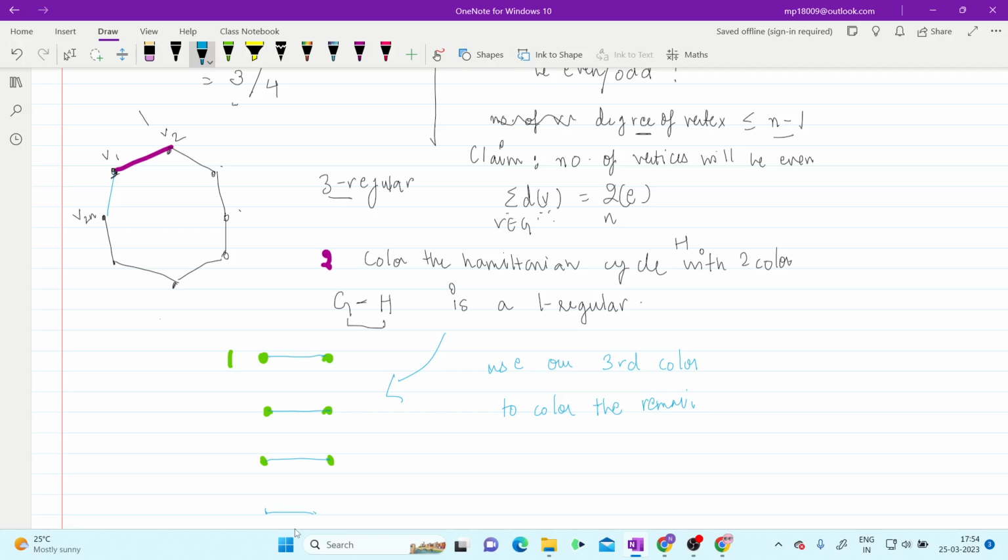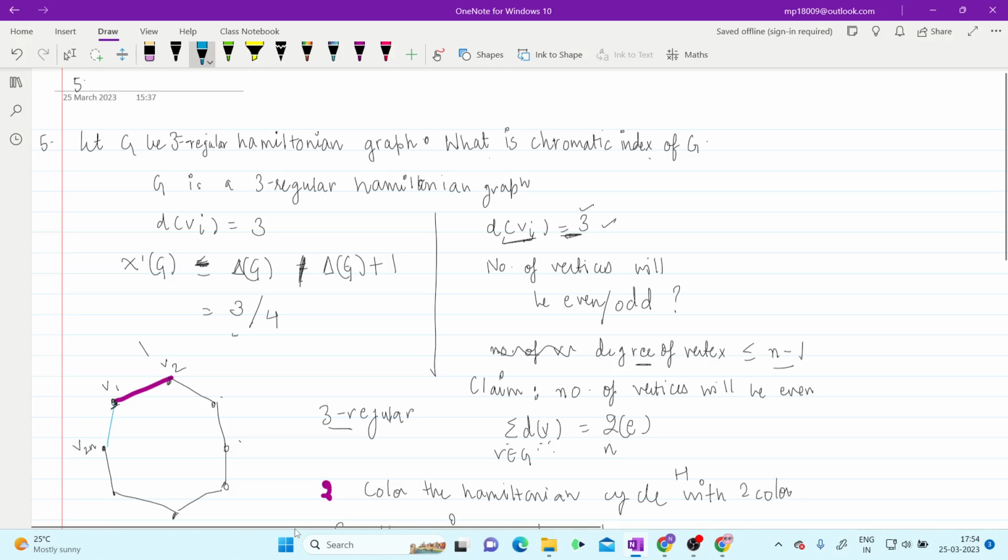So in conclusion, we have colored this Hamiltonian graph, which was 3-regular, with 3 colors. We knew that the chromatic index is either 3 or 4, but since we are able to do it with 3 colors, we can conclude that the chromatic index is indeed 3.